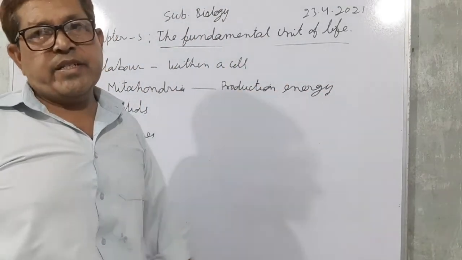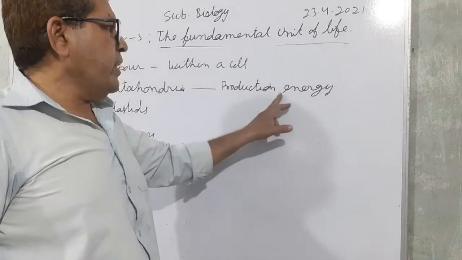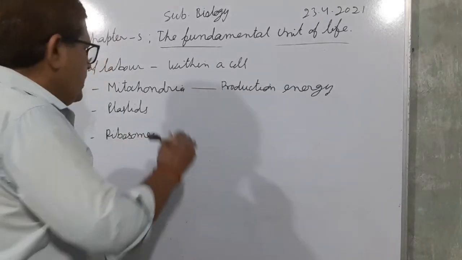They generate energy, produced in the form of ATP. So mitochondria are involved in the production of energy.